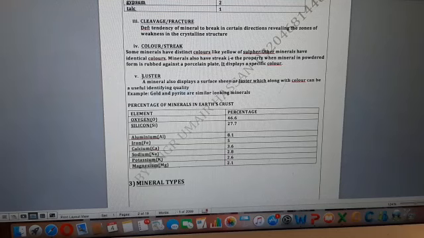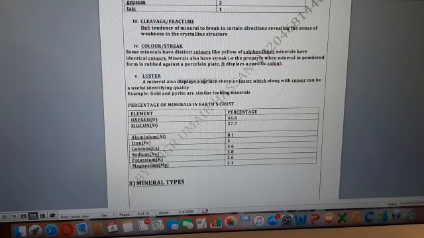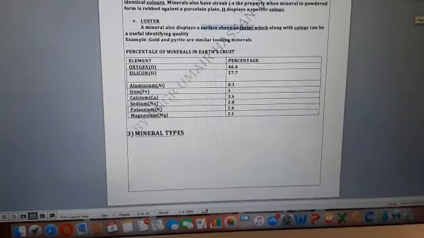However, luster is the one that may be helpful in identifying them, and as we have discussed, luster is a property in which a mineral displays a surface sheen, which along with color can be a useful property in identification as well.